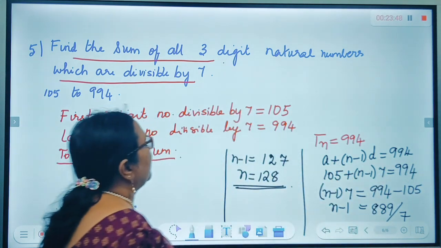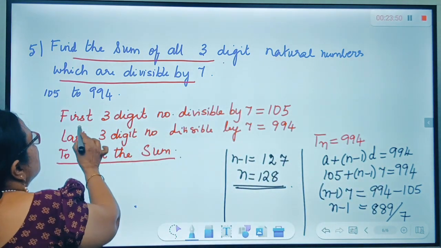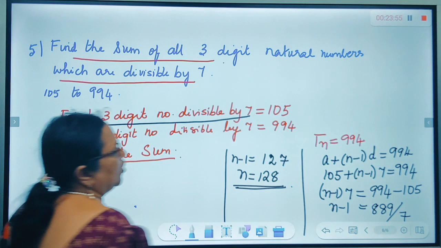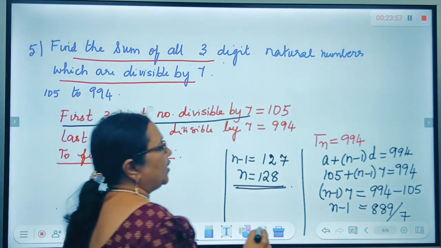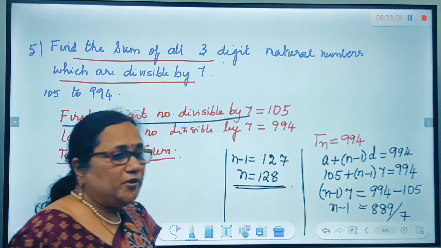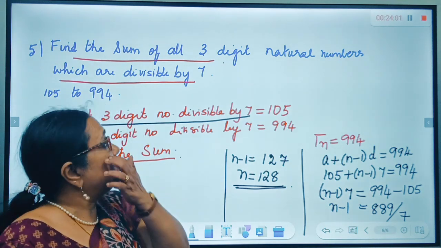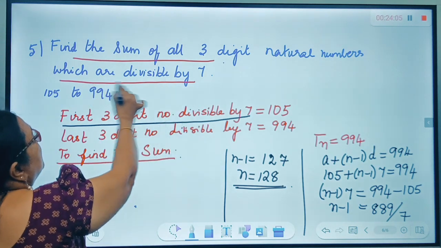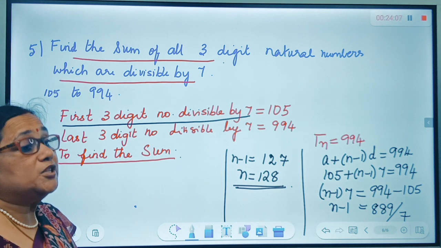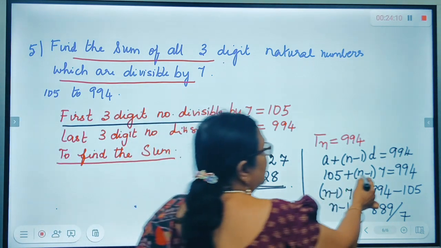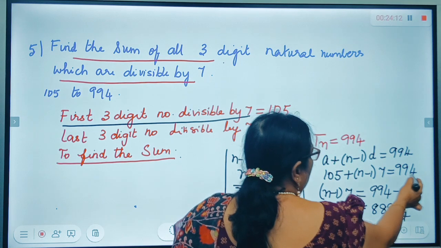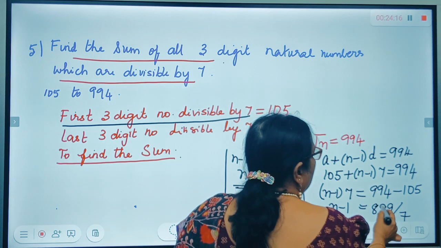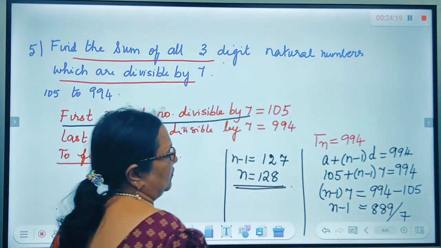See, a plus n minus 1 into d is 994. a is 105. What is the first number? The first 3-digit number divisible by 7 is 105. Plus n minus 1 into, how do they differ? The difference between any two numbers is 7, because we are looking at multiples of 7. So n minus 1 into 7 equal to 994 minus 105, which is 889.